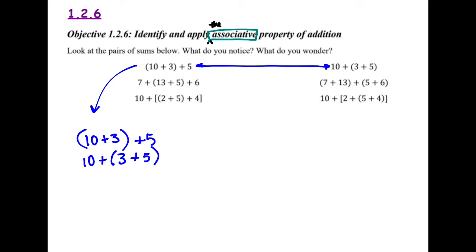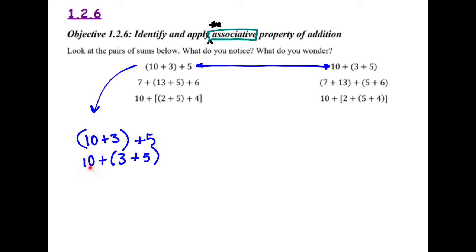You can see that the numbers are in order and they're both added, but the parentheses changed, right? The 3 is that middle guy who has to associate with one person at a time. Here he's associating with the 10 and the 5 is left out. Here he is associating with the 5 and the 10 is left out.